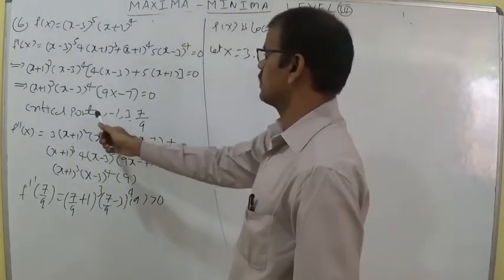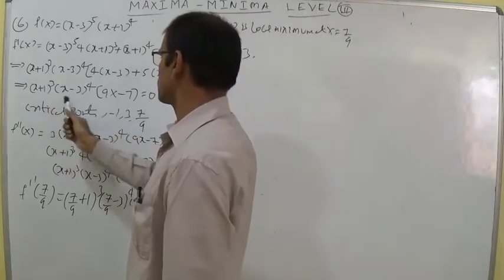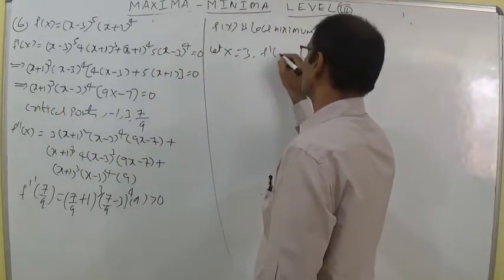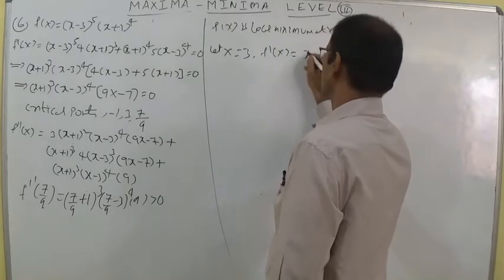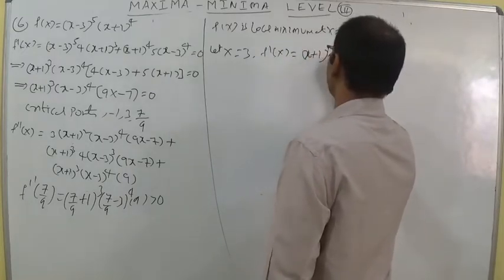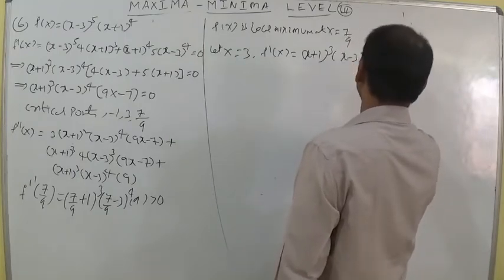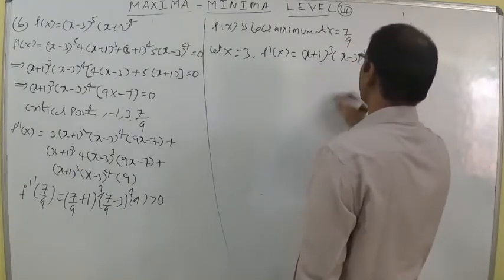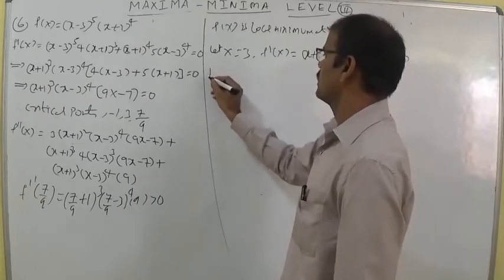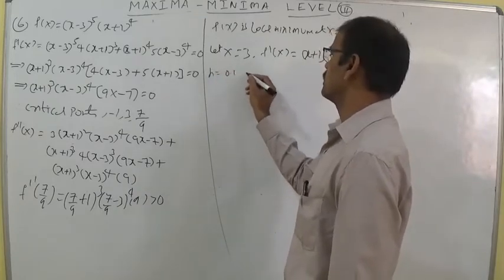f'(x) is equal to (x+1)^3 into (x-3)^4 into (9x-7). Now let h equal to 0.1.